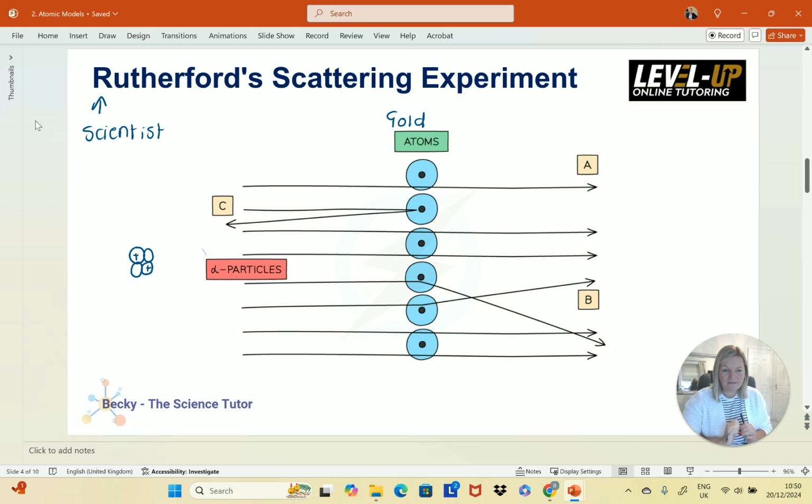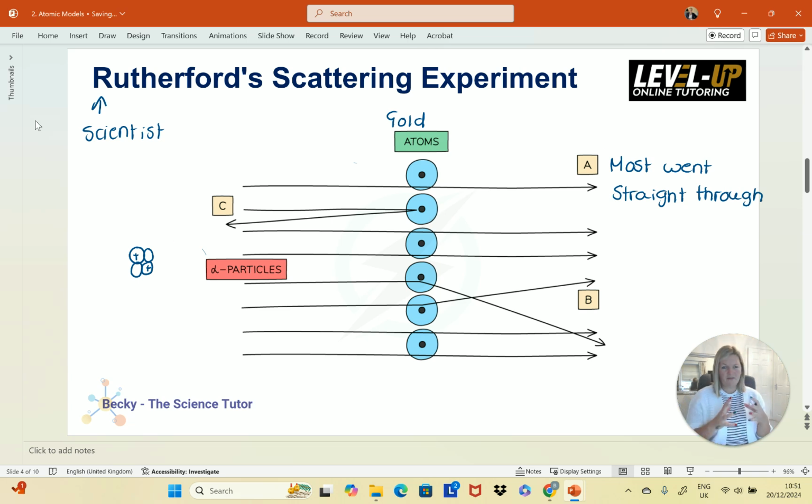And what he found, first of all, at label A, is that most of the alpha particles went straight through. Okay, so hang on a moment.